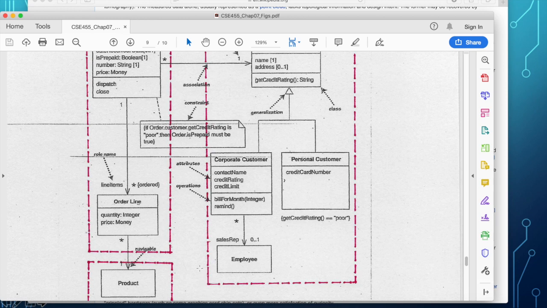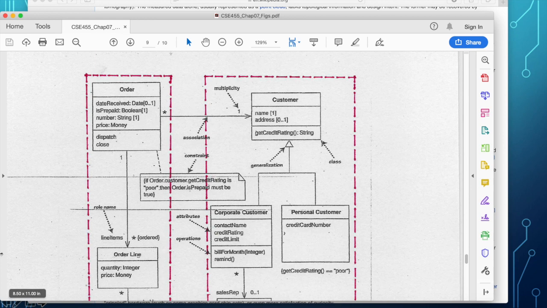So we call that one component or one module of the software. Over here, looking at the name, order and order line has a relation. They all pertain to order.